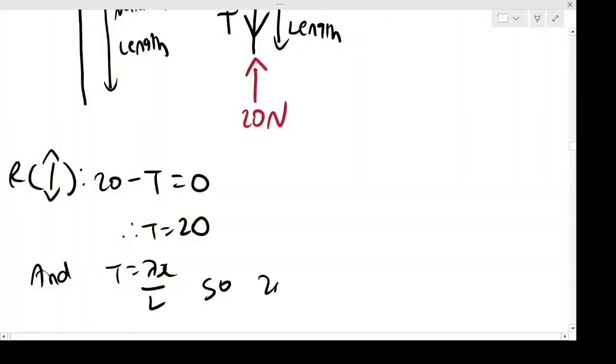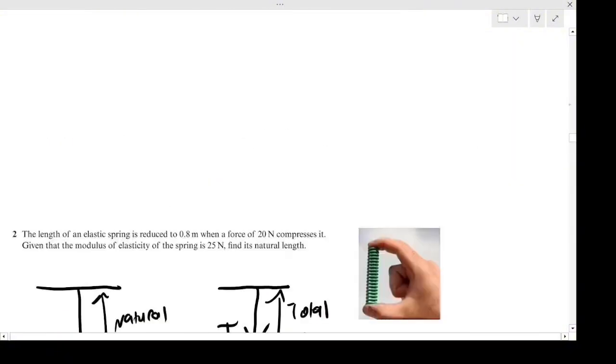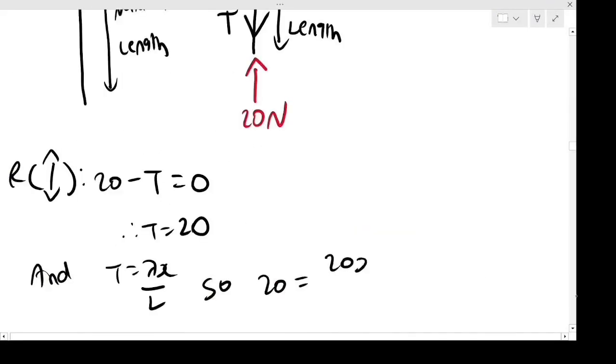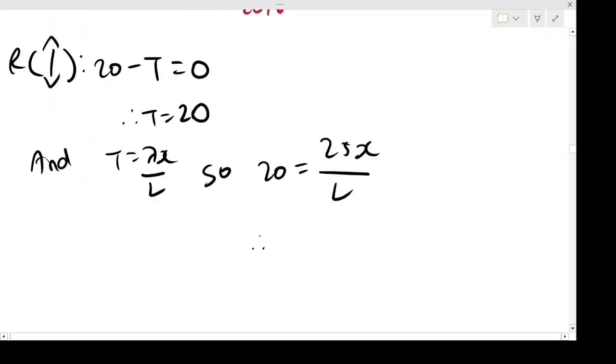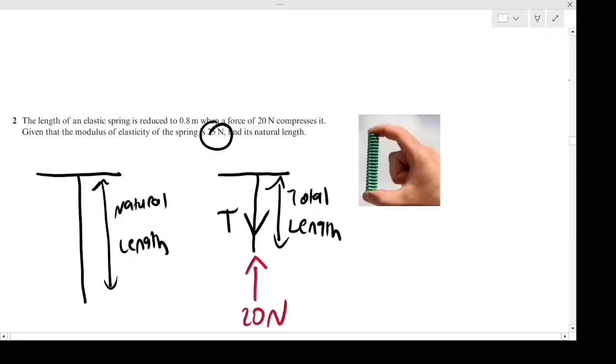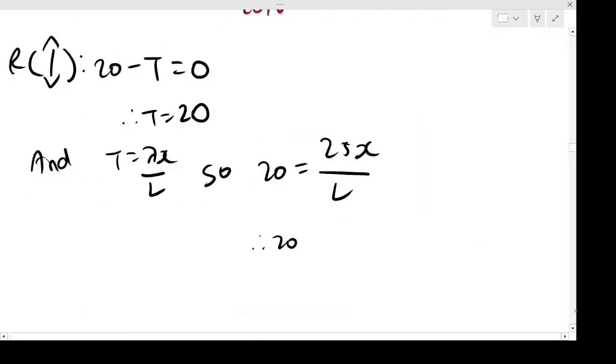So if T is 20, that's going to equal lambda, which is 25, my modulus of elasticity, times x. Now x is going to be my compression, so how much string has been compressed, over my natural length L, and they want me to find the natural length L. So 20L is 25x.